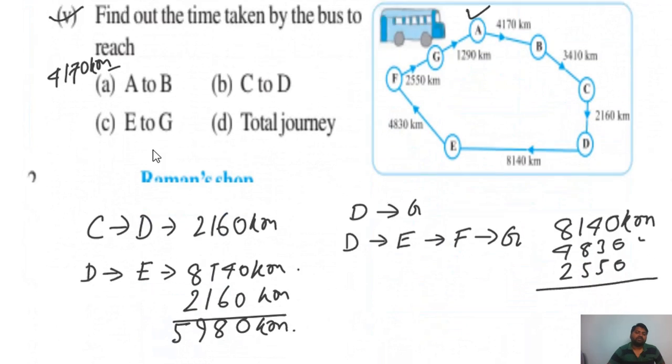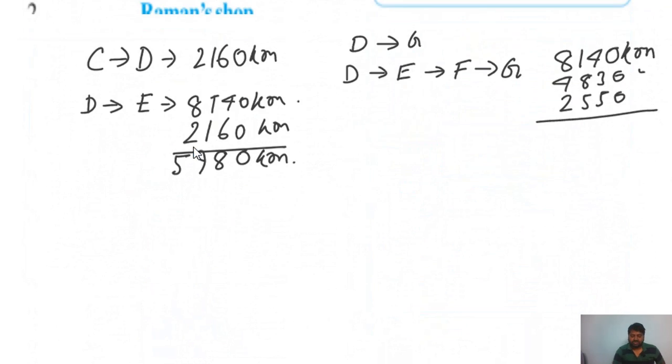Here is a relationship between distance, speed and time.